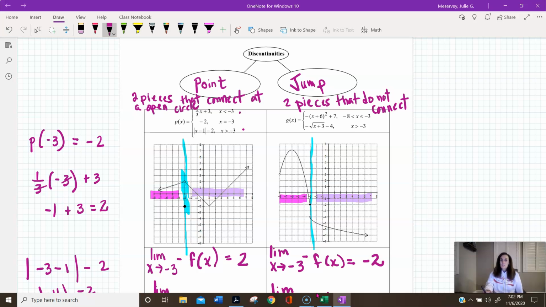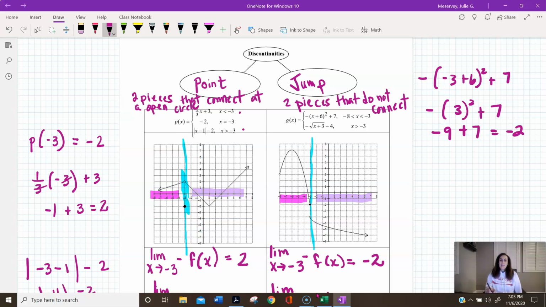You would have the opposite of negative 3 plus 6 squared plus 7. The opposite of 3 squared plus 7. 3 squared is 9, so the opposite of 9 plus 7 equals negative 2. And sure enough, the limit from the left-hand side was negative 2.